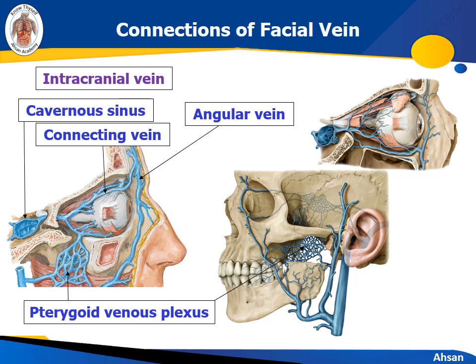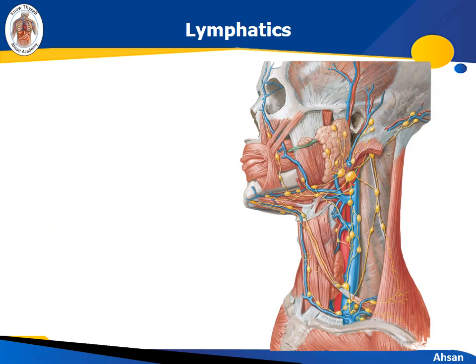So disease material can spread from the face into the cranial cavity, and that's why this area, including the upper lip and lower part of the nose, is considered the danger area of the face, from where infection can easily spread intracranially, that is, go to the cavernous sinus and spread all over the cranial cavity.